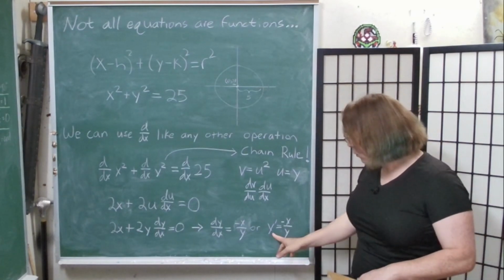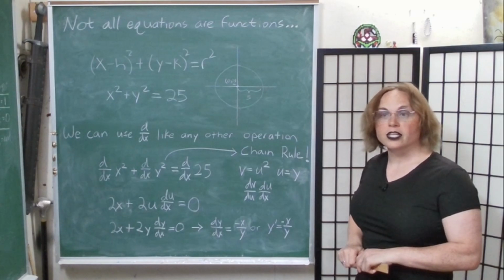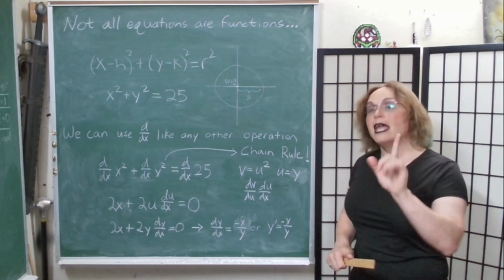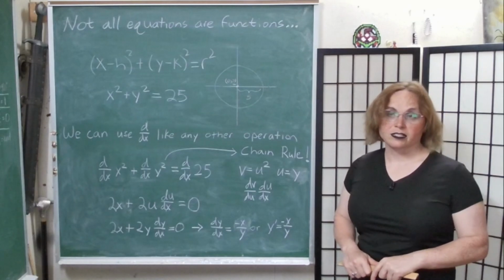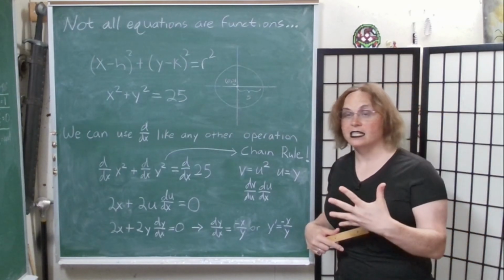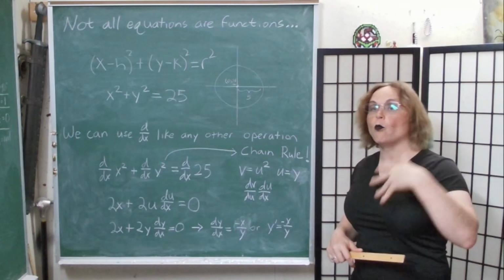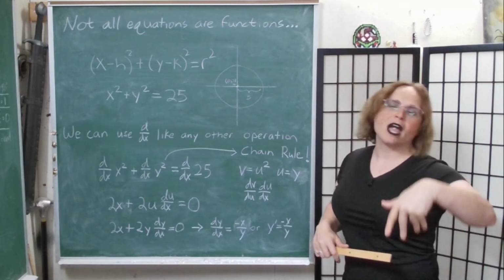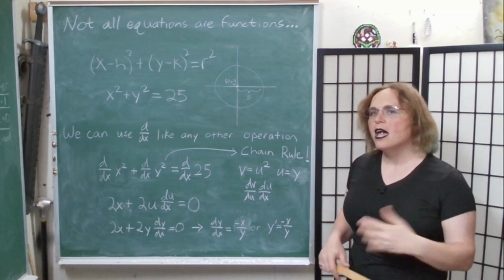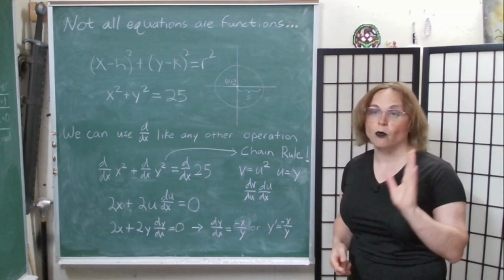Now, if we wanted to write this as a function, we absolutely could if we can write y as a function of x. And this is why it's implicit differentiation, because we're implying that y is a function of x and that we absolutely would write y as a function of x if we could, but maybe it's just a little too tricky, or maybe I'm a little too lazy, or whatever.